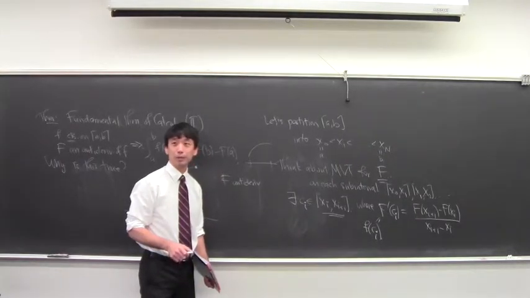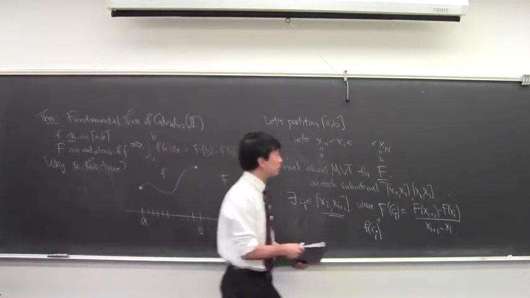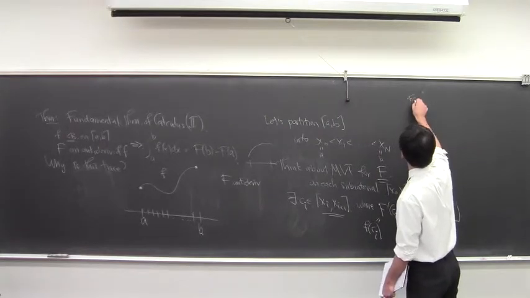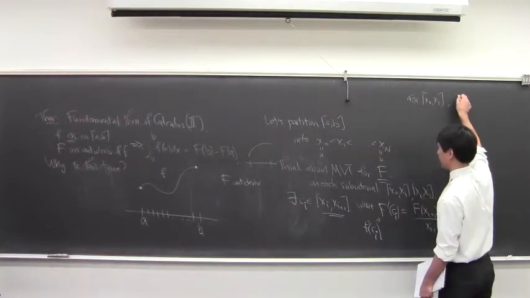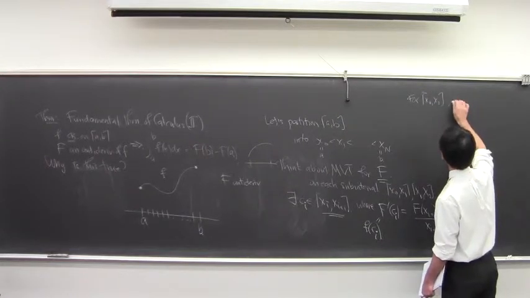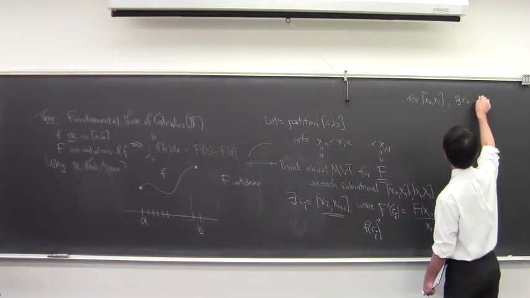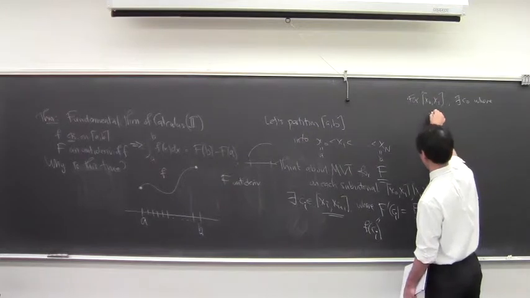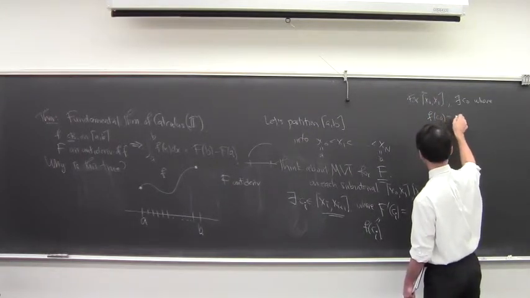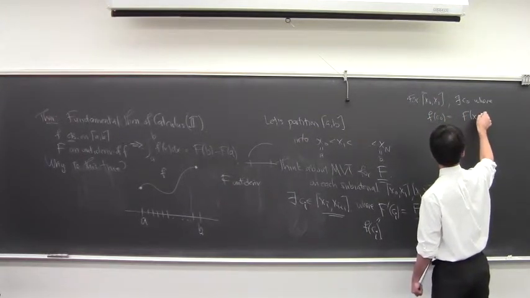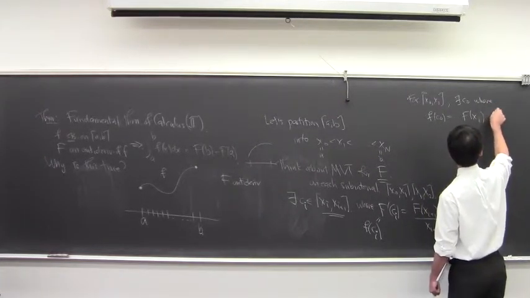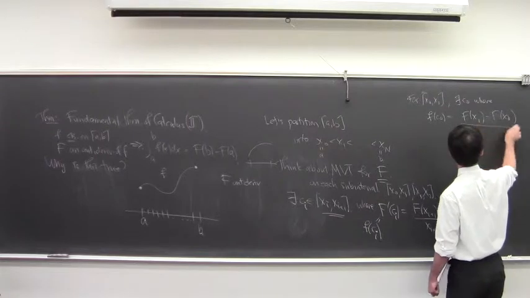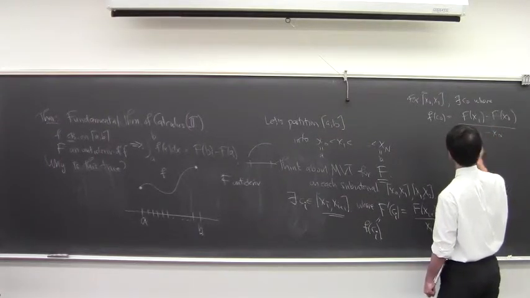Okay, everyone all right? So for x_0, x_1, there's this c_0 where f'(c_0) equals (f(x_1) minus f(x_0)) over (x_1 minus x_0).